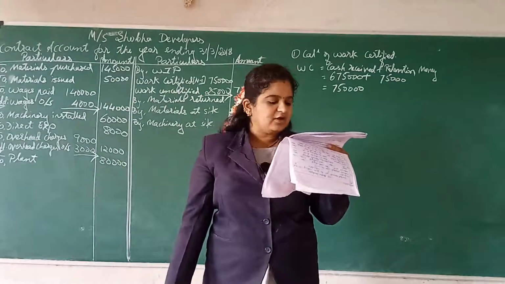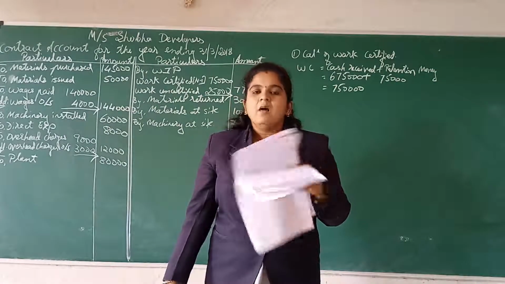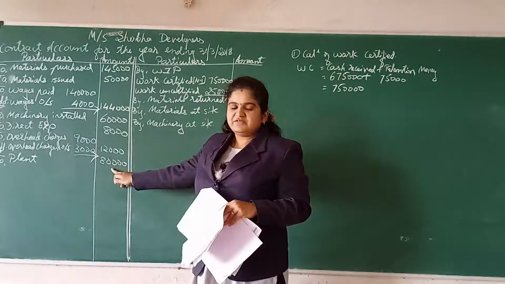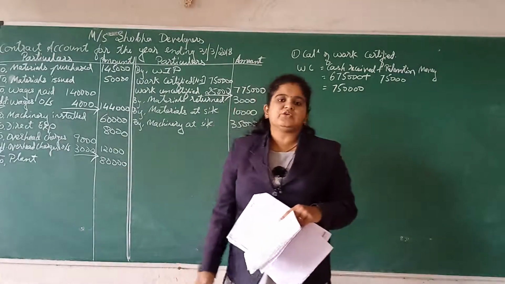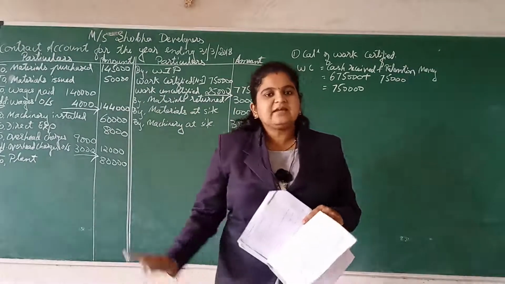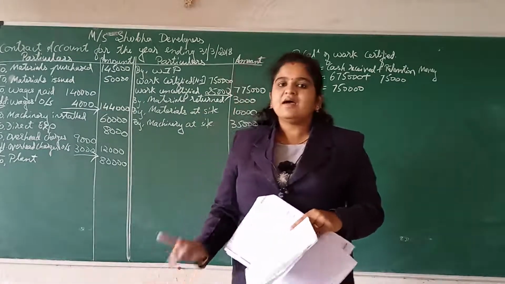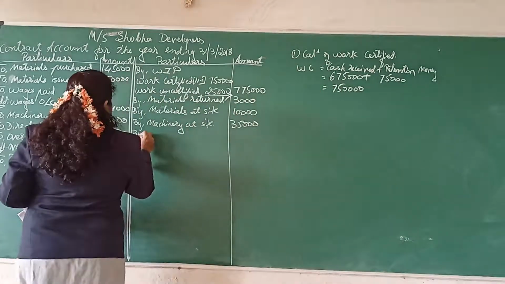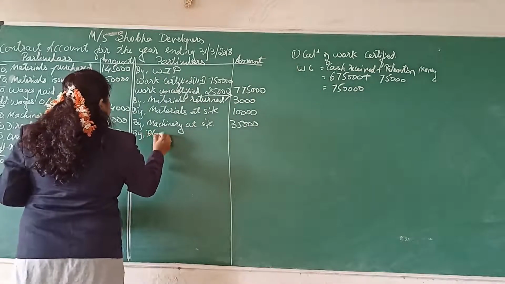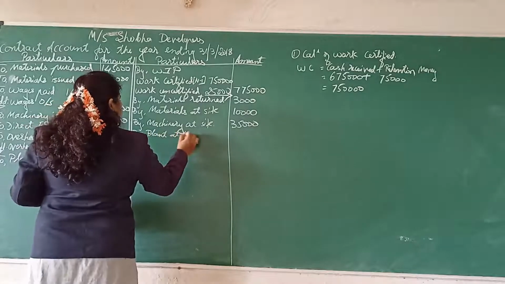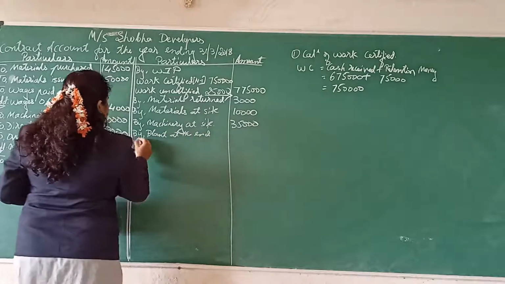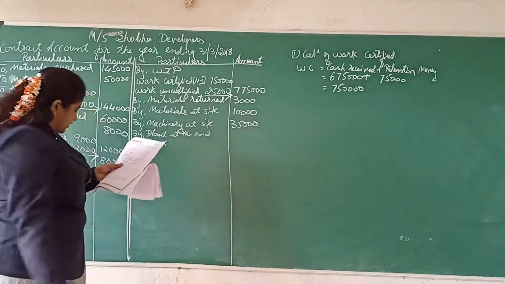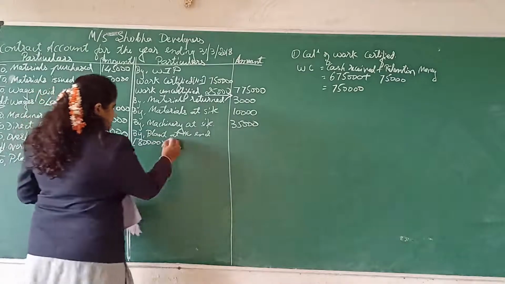Depreciation provided on plant at 15% per annum. On 80,000, 15% depreciation has to be calculated, and keep in mind that they have used it only for 3 months. Okay. Here credit side by plant at the end. 80,000 into depreciation provided is 15%.